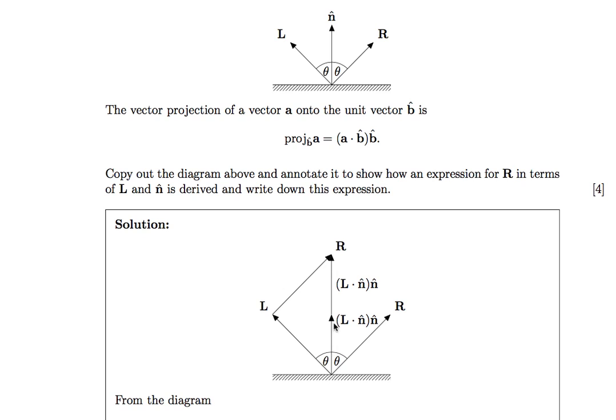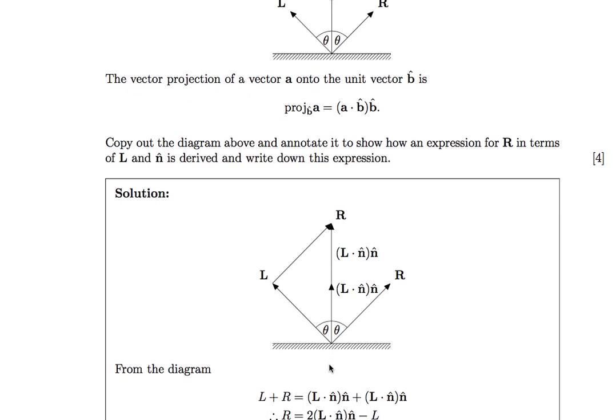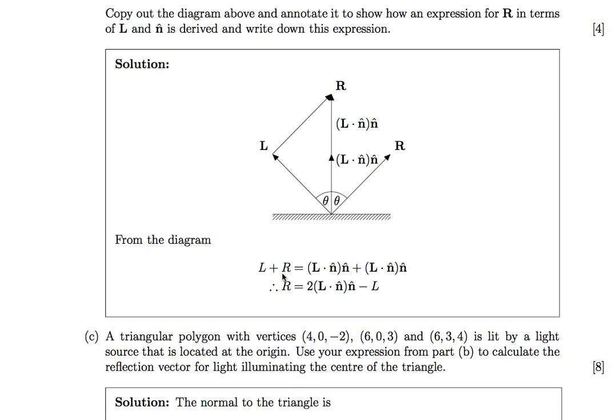I've also picked up R and moved it to the end of L. So L plus R ends up here, which happens to be the same as 2 lots of the projection of L onto N. So from this diagram, L plus R is equal to 2 times the projection of L onto N. Rearrange very simply by subtracting L from both sides, and that gives you the reflection vector.